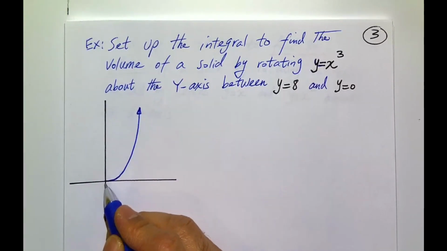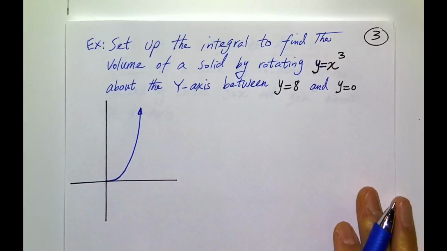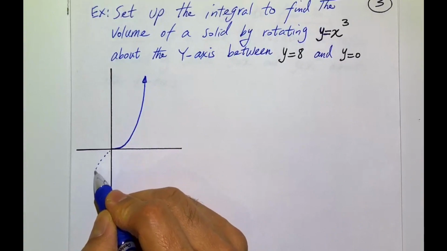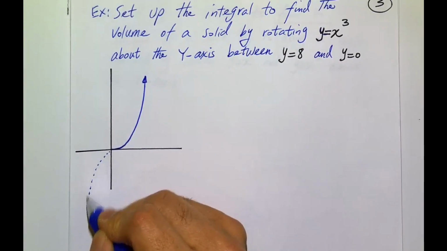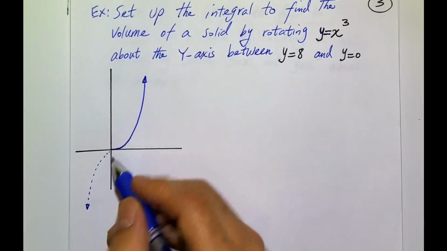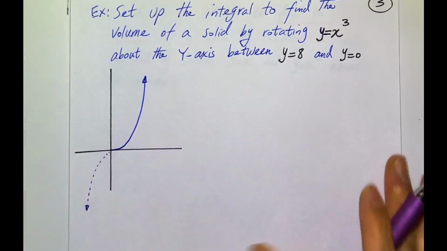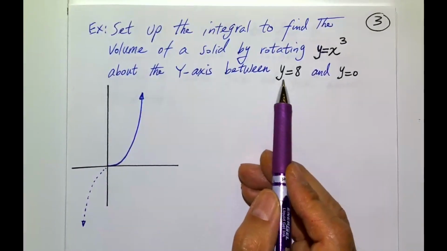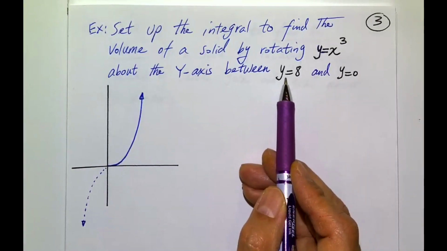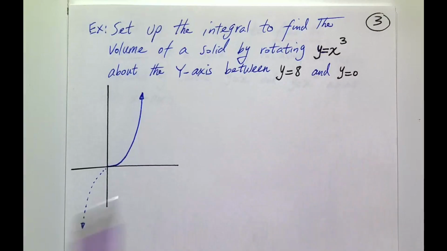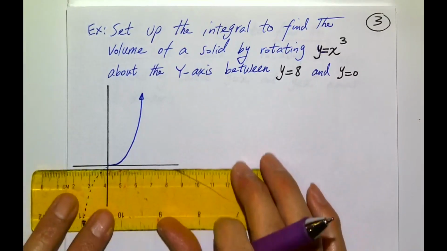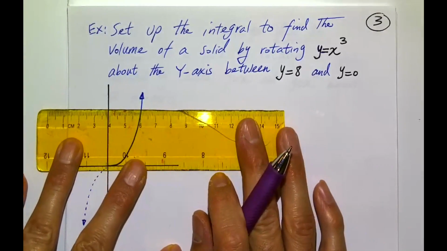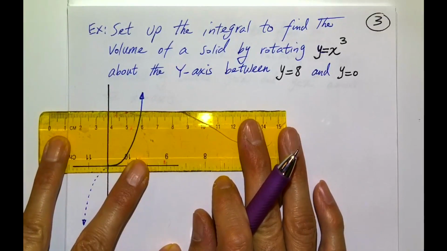And I'm going to draw the rest of it dashed, because that's the portion we don't really need. We are only asked to integrate this function between these two horizontal lines, y equals 8 and y equals 0. So y equals 0 is basically just the x-axis.